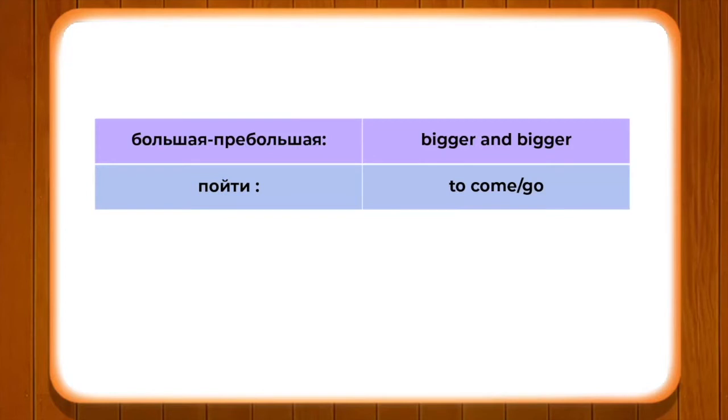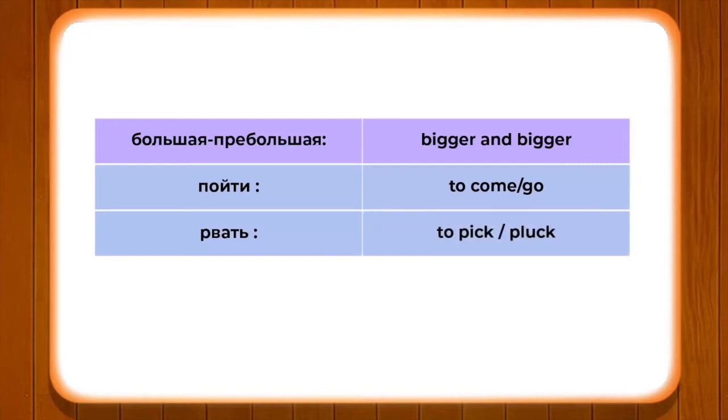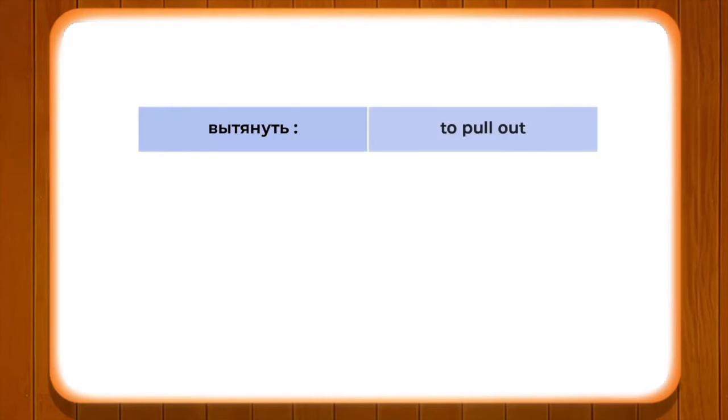Paichi means to come, to go. The meaning of this word depends on the context. Next word is rvach. Rvach means to tear off. किसी को किसी चीज से अलग करना. Next word is chinuch. Chinuch means to pull. Next word we have vichinuch. Vichinuch means to pull out. In Hindi what we say, कुछ बाहर निकालना.